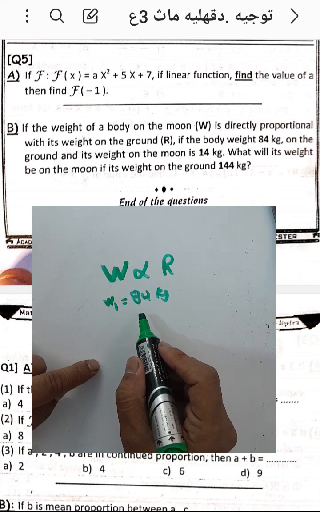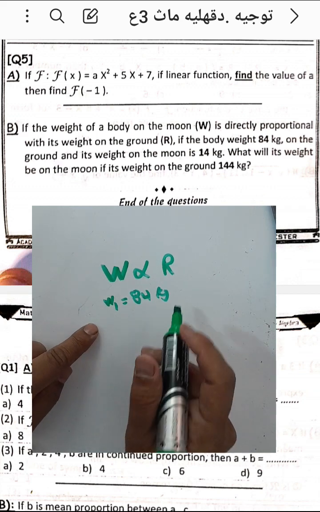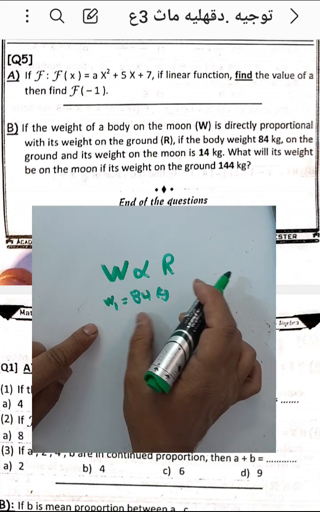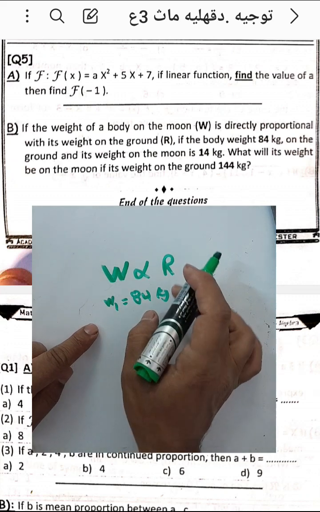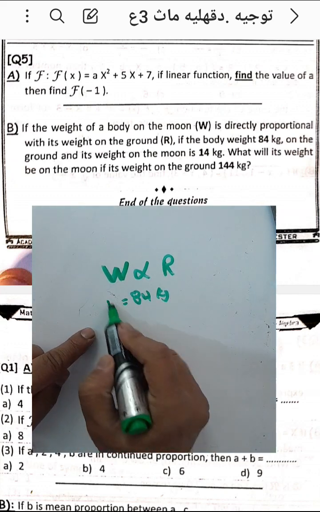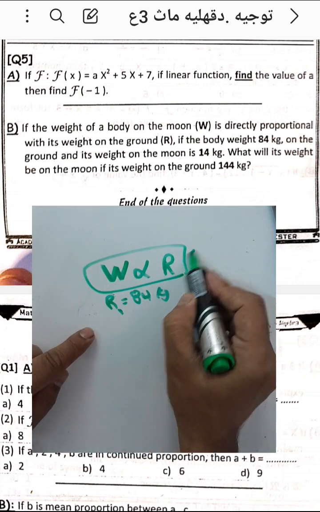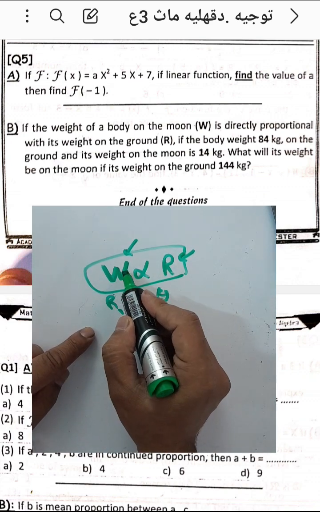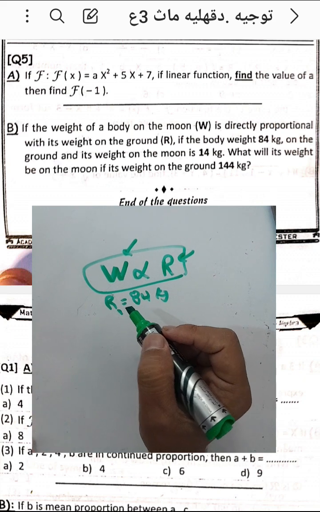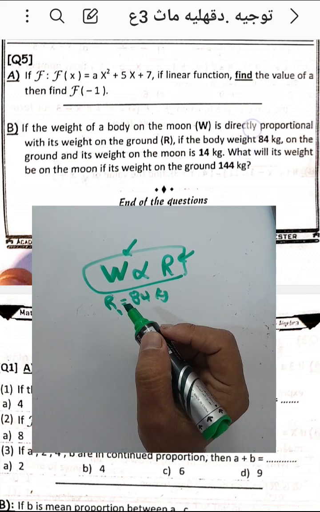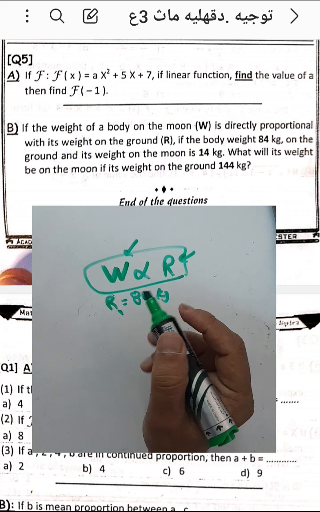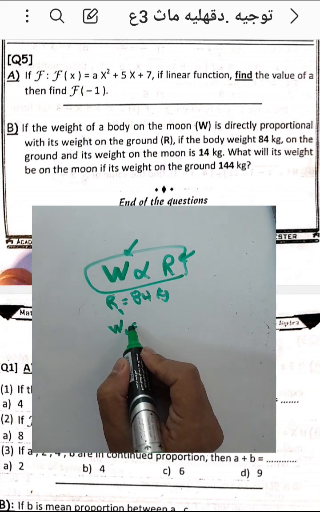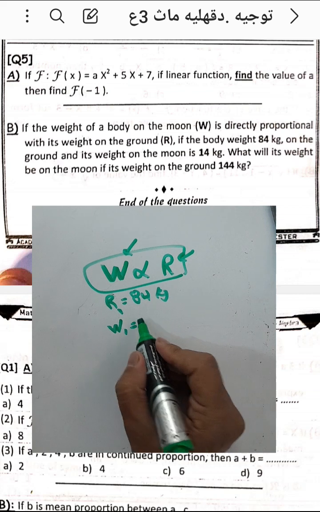If the body weight is 84 kilogram on the ground here, it's meaning R refers to ground and W refers to the moon. He tells us the weight for 84 on the ground and its weight on the moon was 14 kilogram.